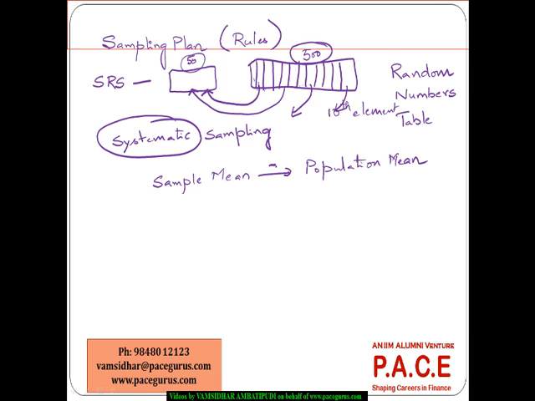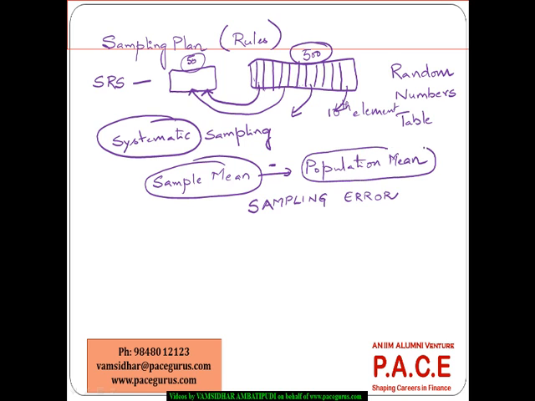And wherever these two differ, the difference between the sample mean and the population mean is what we typically call the error because of the sampling, the sampling error. So it's the difference between the observed value through the sample and the corresponding value that we want to estimate for the whole population. The difference between the two is what we call sampling error.